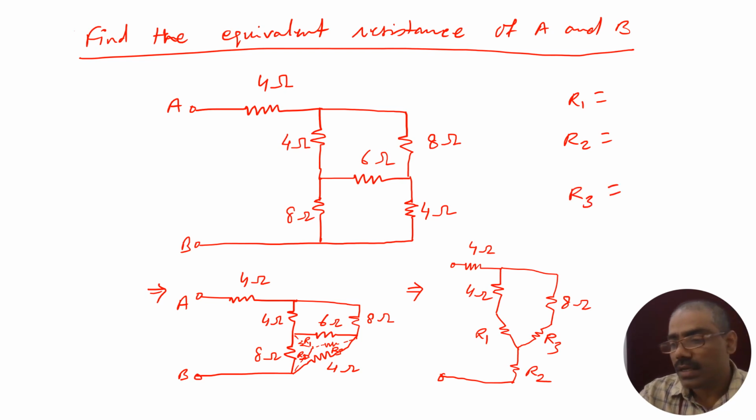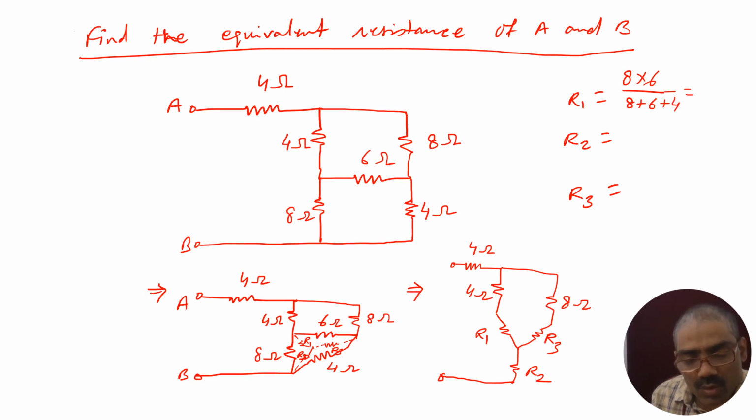As we know, we have just now derived this, when we convert from delta to star. So simply we will have to use the property. Here we have assumed R1. So here we have 6, here we have 8. So R1 value we can easily calculate: 8 into 6 by the summation, 8 plus 6 plus 4.